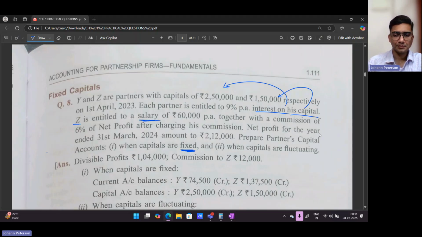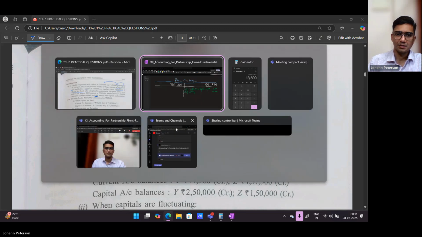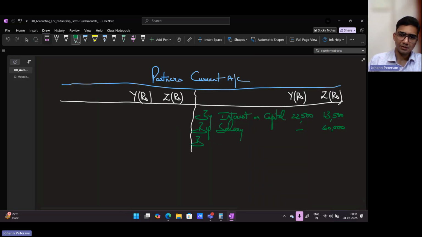What else? Together with a commission of 6% of net profit after charging his commission. So he gets a commission also, at the rate of 6% of the net profit after charging such commission. So by commission, 6% of the net profits after charging such commission.